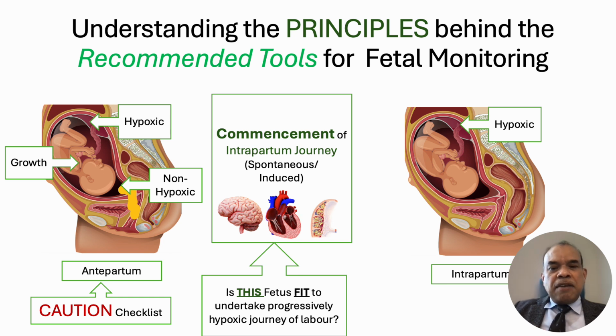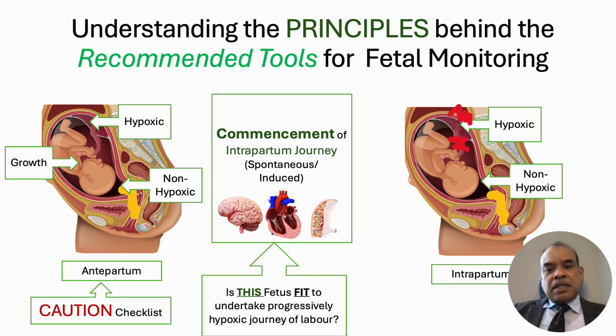And that might give rise to a gradually evolving hypoxia to a human fetus. In other words, human labor itself is a stressful situation. Vast majority of fetuses deal with that stress without a problem, but we need to have tools to recognize those fetuses who are experiencing a stress response and differentiate their stress from compromise.